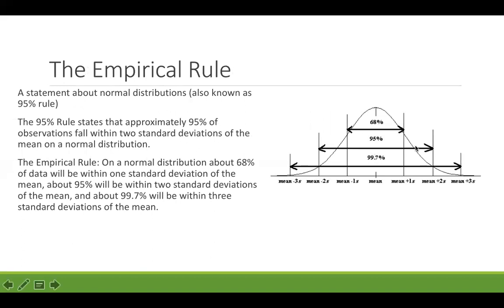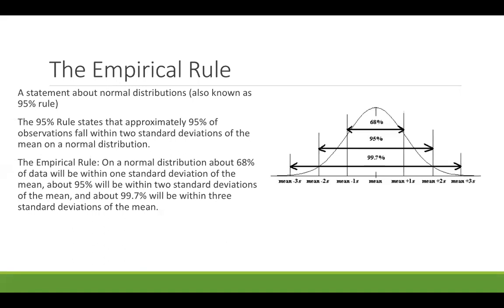So the empirical rule, you probably heard about this. It's a statement about normal distributions as shown in the image to the right. Typically, you'll hear about the 95% rule, but you want to know about all three of them. The 95% rule states that approximately 95% of observations fall within 2 standard deviations of the mean on a normal distribution.